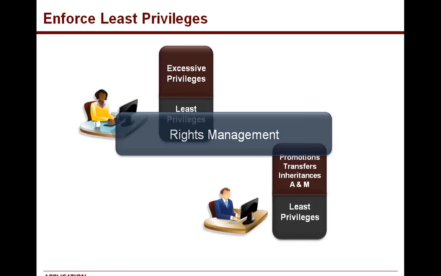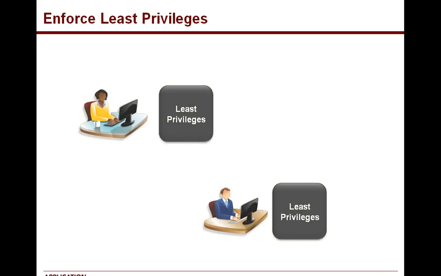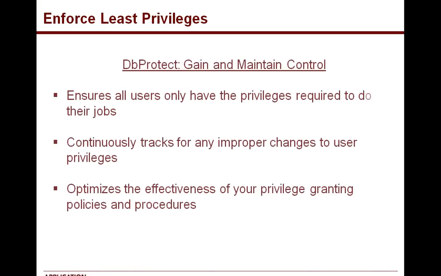And this will allow you to go in to your databases and, number one, ensure that users only have the privileges that they require to do their job, help you continuously track for any improper changes to user privileges, and then help you optimize the effectiveness of your privilege granting policies and procedures.